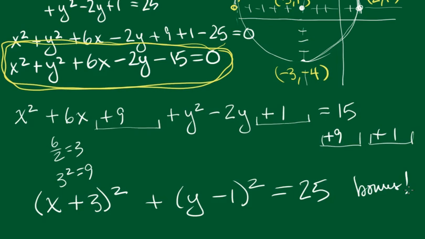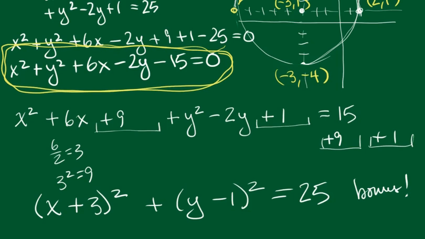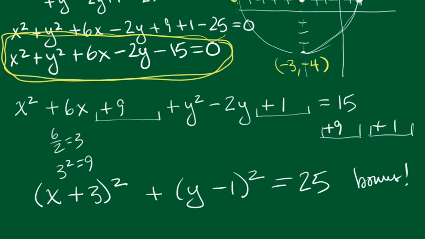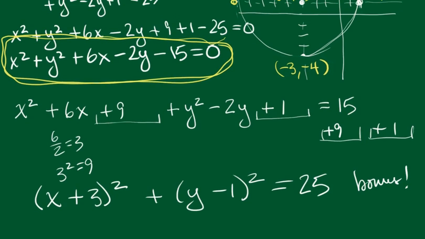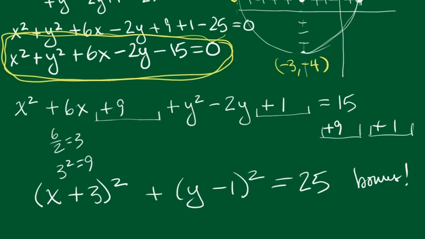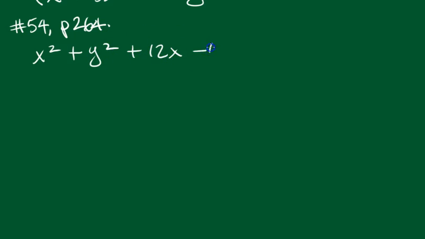Let's do the same without the back and forth to an equation from the book. We'll do 2 of these. Okay, so the first one is problem number 54 from page 264. And it looks like this. x squared plus y squared plus 12x minus 6y minus 4 is equal to 0.